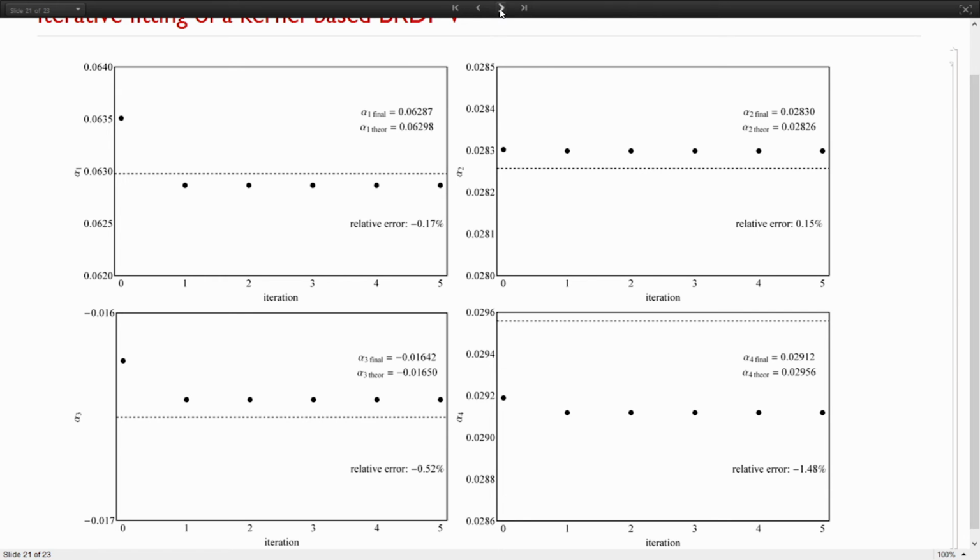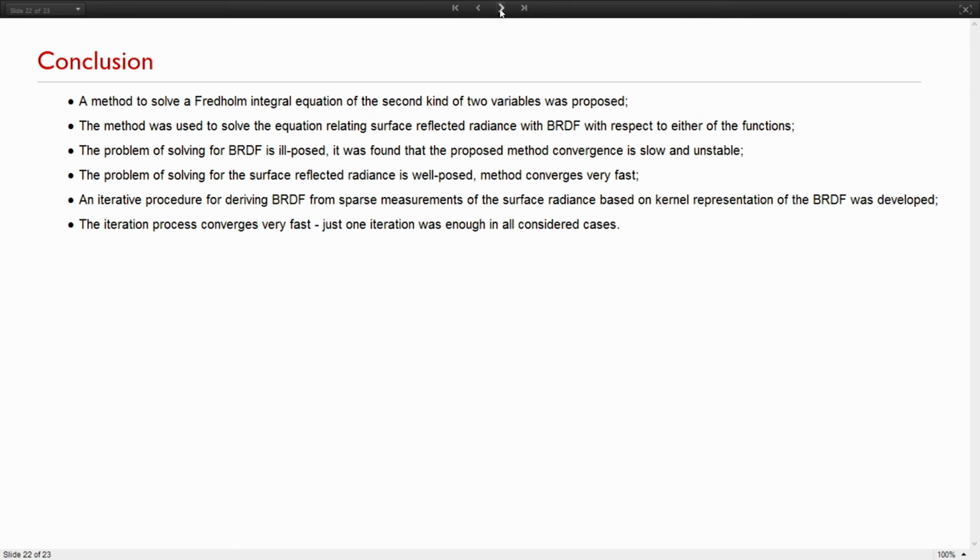So here are my conclusions. A method to solve a Fredholm integral equation of the second kind of 2 variables was proposed. The method was used to solve the equation relating surface reflected radiance and BRDF.